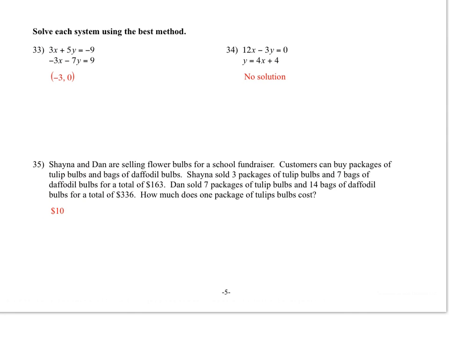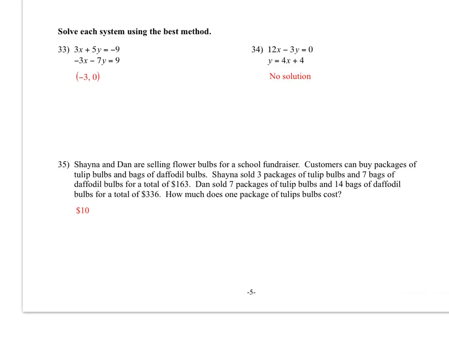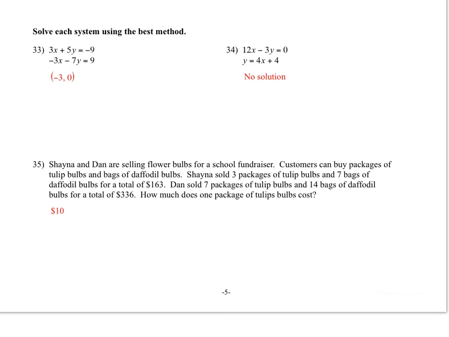All right, question 33. These are both in standard form, so the easiest thing to do is to try to cancel. I have perfect opposites, so those cancel. Remember that we're going to add straight down. So we've got -2y equals 0. And that's okay for it to equal 0. I'm going to divide, so y equals 0. And then we have to plug back in to get our second value.